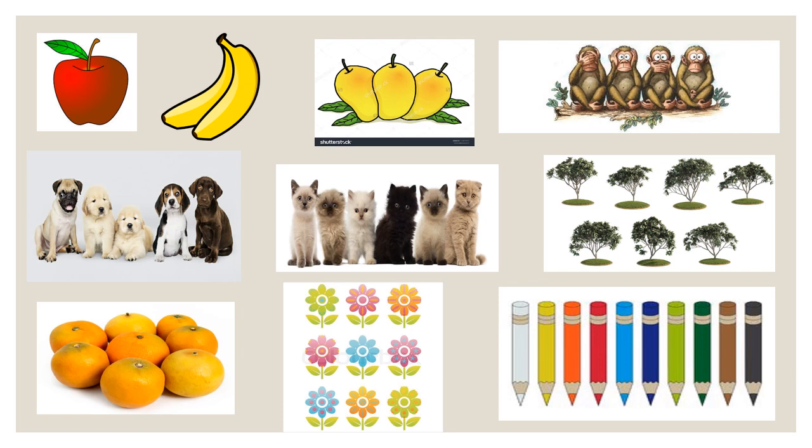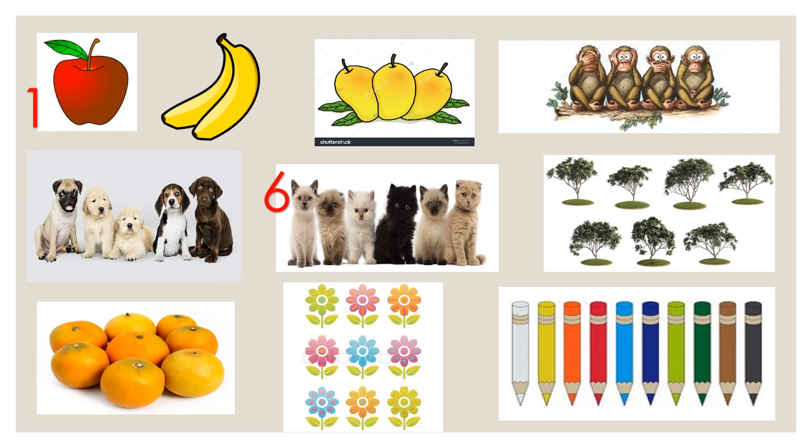Can you guess that? Can you count that? How many? Let's look. The first one, let's see how many apples we have here. Okay, you're right. Can you guess how many mangoes, or monkeys, do we have here? Oh, cats. We have 6 cats here.